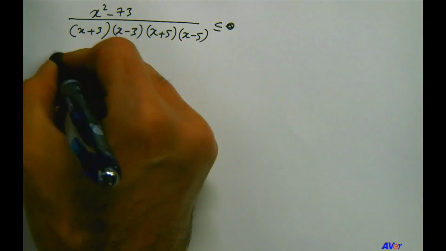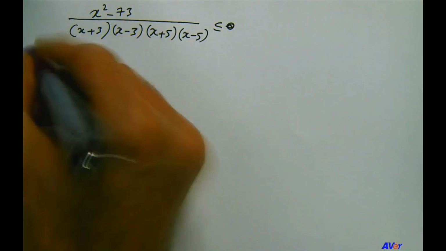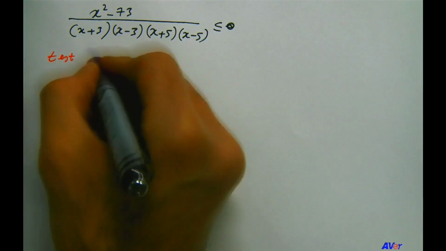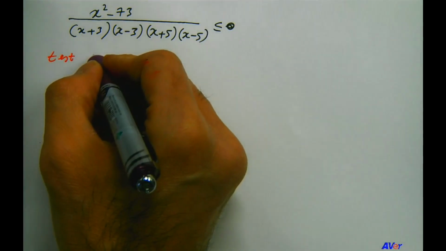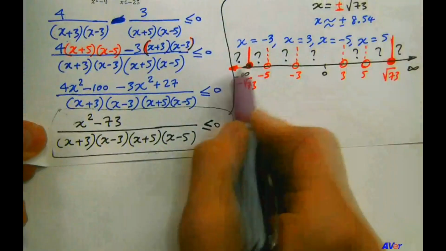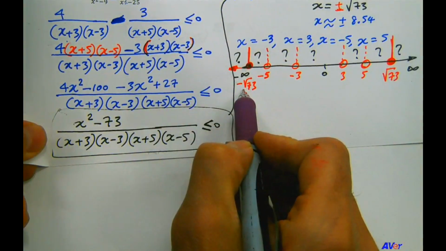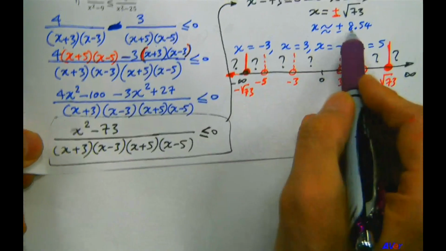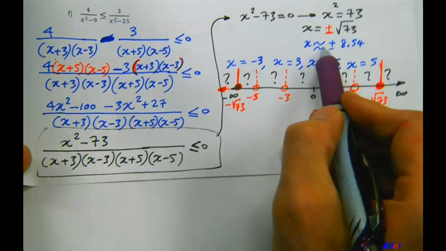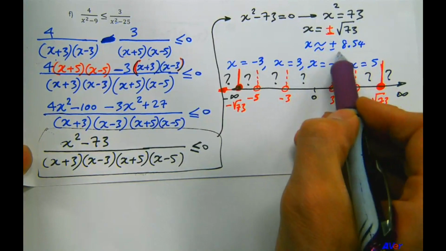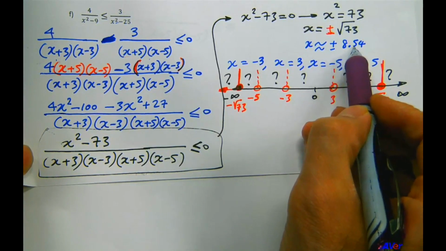Okay, so let's test some number to the left of negative square root of 73. So it would be negative 9, right? Because negative square root of 73 is negative 8.554.